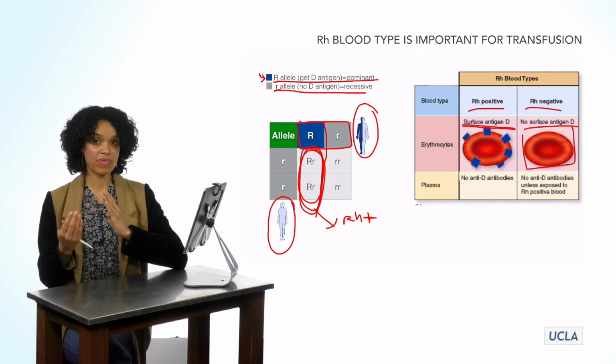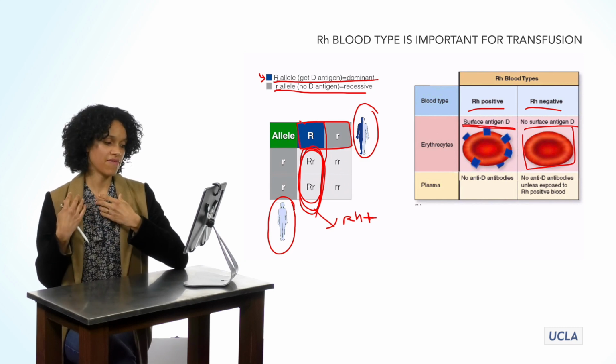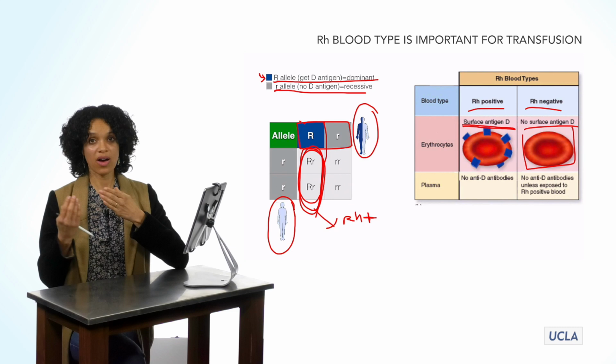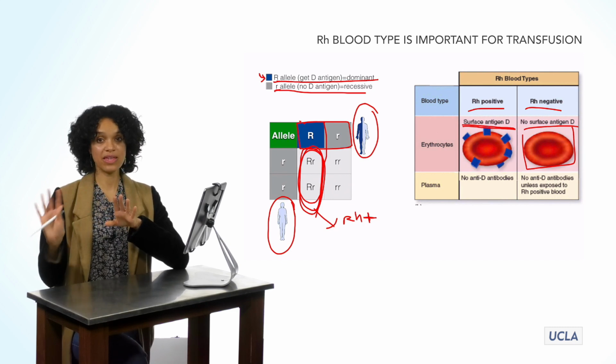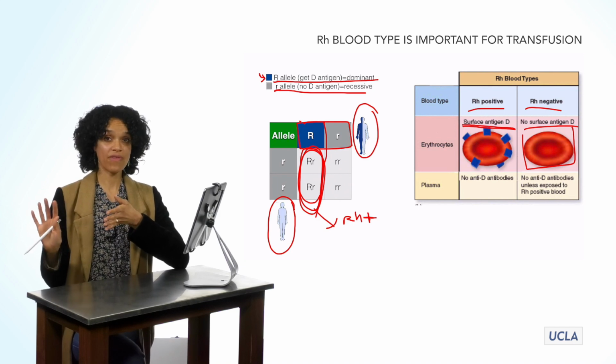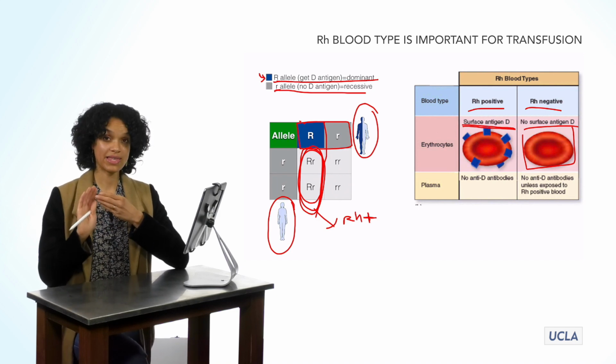The reason why most people would produce them is if they've been exposed to Rh positive blood. So even though you're Rh negative, you don't generally have antibodies against the D antigen unless you've somehow been introduced to the Rh positive blood.